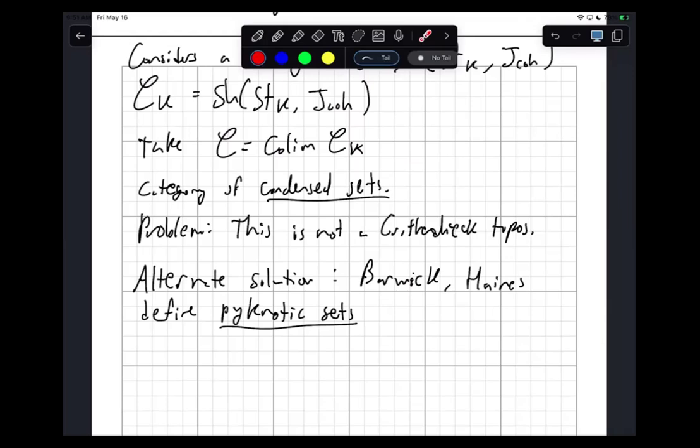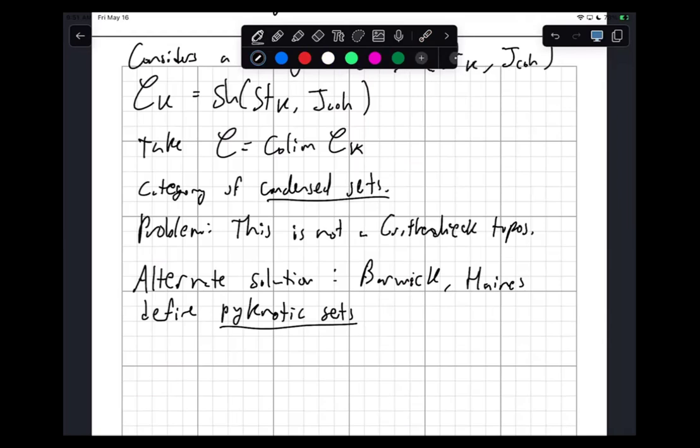In particular, they wanted an abelian category of, like, sheaves of vector spaces or something like that. So we saw Schulze's kind of ad hoc solution to the problem we talked about. Now, Barwick and Haine come up with a different solution.